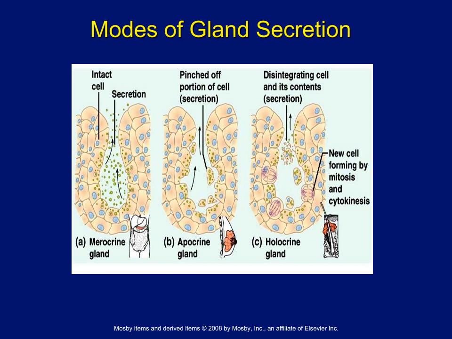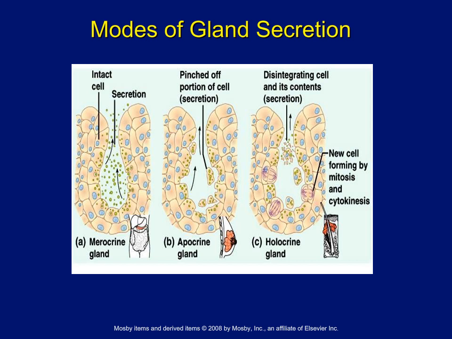On the other hand, if we take a look at an apocrine gland, it's called an apocrine gland because the apical surface of the cell contains the secretions, and that whole apical surface will actually pinch off and become part of the secretion. Now in this case the cell can survive, but it has to regenerate part of itself because a large part of it was lost in the process of secretion.